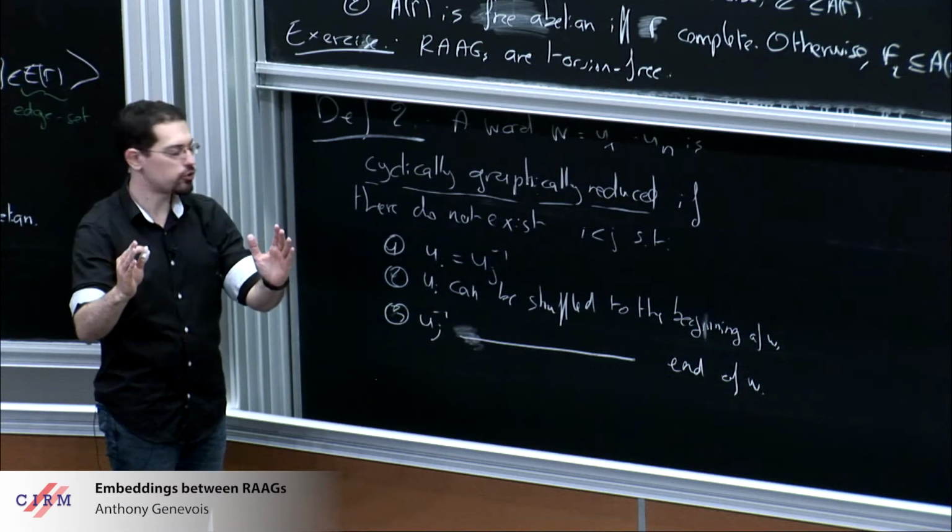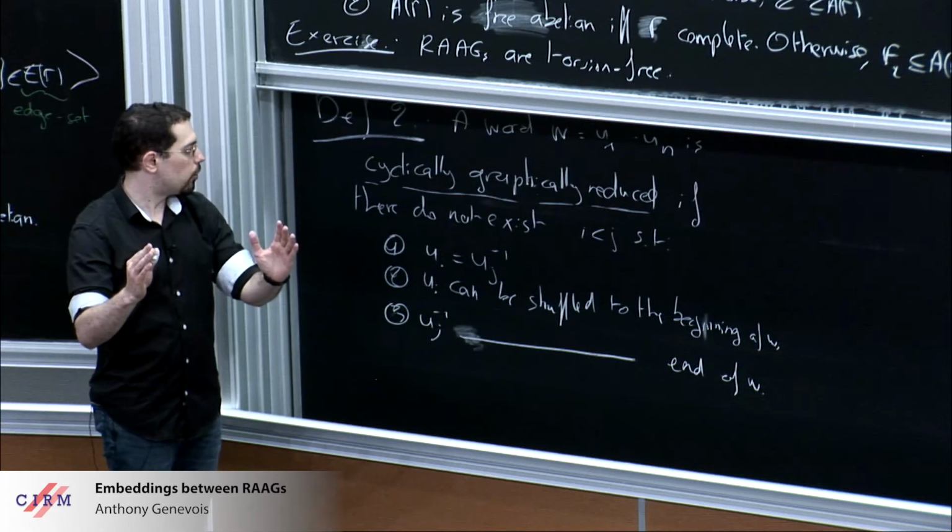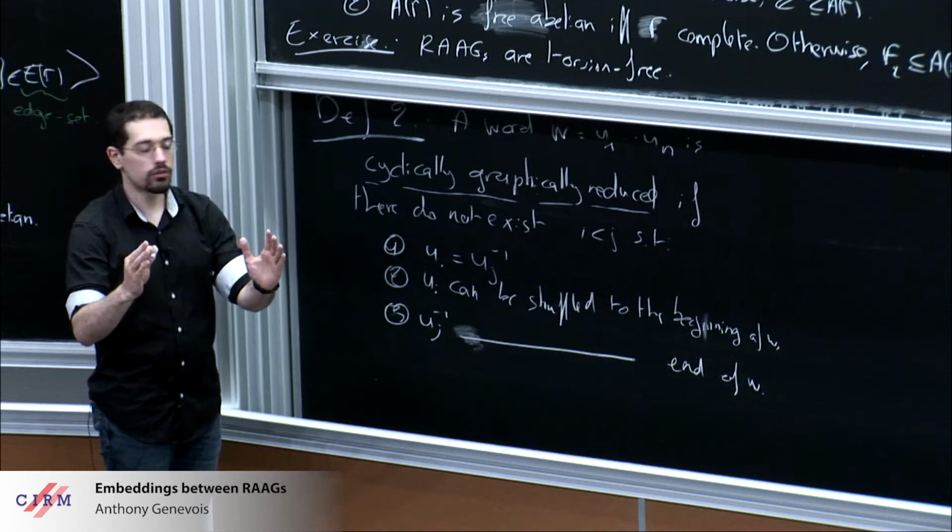And what is in between is a representative up to conjugacy, which is the shortest possible.